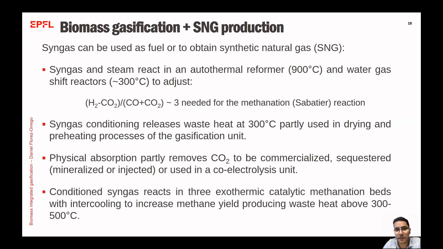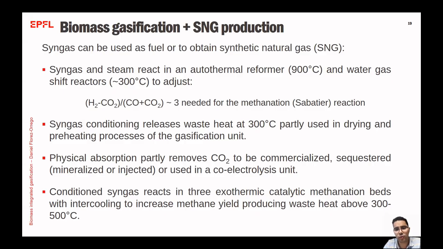As we have described in the previous slide, the biomass gasification can generate partly the waste heat that it requires to preheat the streams that are fed to the gasifier and the steam that is generated for using it as a gasifying agent. But when we are going to produce also synthetic natural gas, then we need to take into account an additional amount of waste heat that will be released in the autothermal reforming and in the water gas shift reaction.